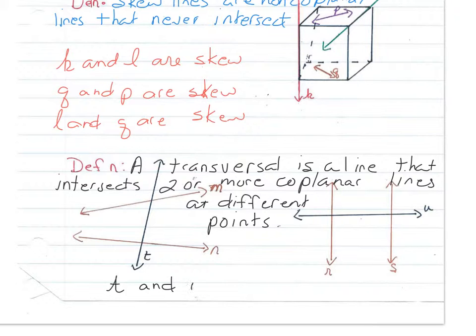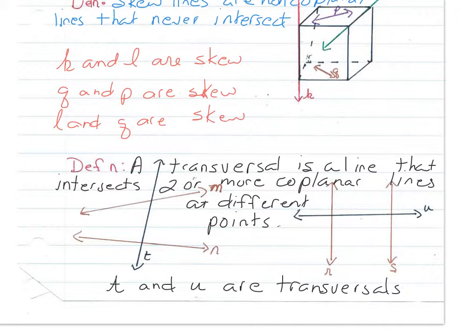So line T and line U are our transversals because they intersect two or more lines, in this case just two, at different points. And we specify at different points because you could have two lines that really name them differently, but it'd be the same line. It would just intersect at one point. So T is a transversal for lines M and N, and U is the transversal for lines R and S.